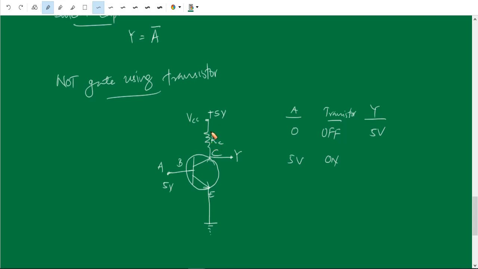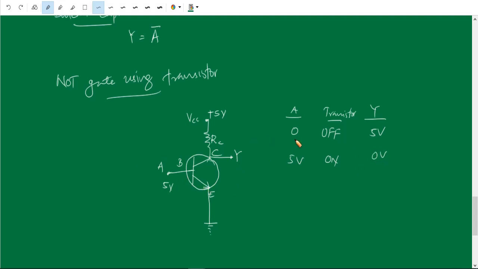Therefore there is a voltage drop across RC. Even though there is plus VCC 5 volt, that voltage will be dropped across RC. So 5 plus 5 and across RC minus 5, so the potential at Y is equal to 0 volt.